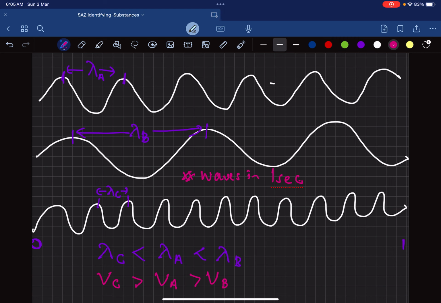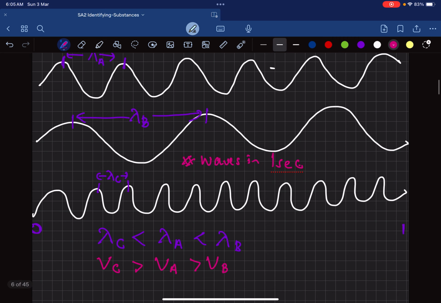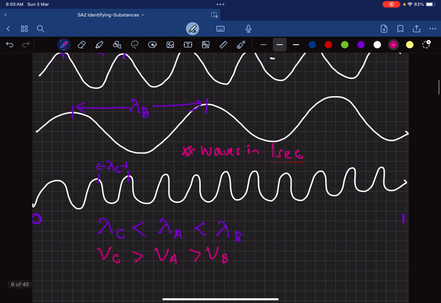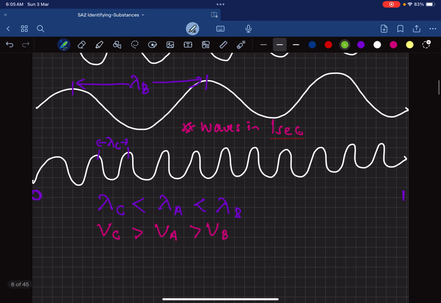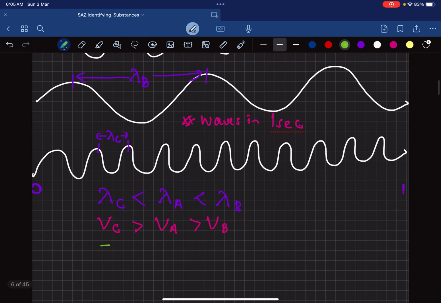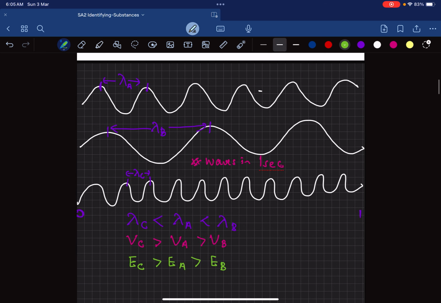In terms of frequency, meaning how often something happens, I can relate all of this to something else. The energy of C is greater than the energy of A, and the energy of A is greater than the energy of B. So that's how the relationship works.